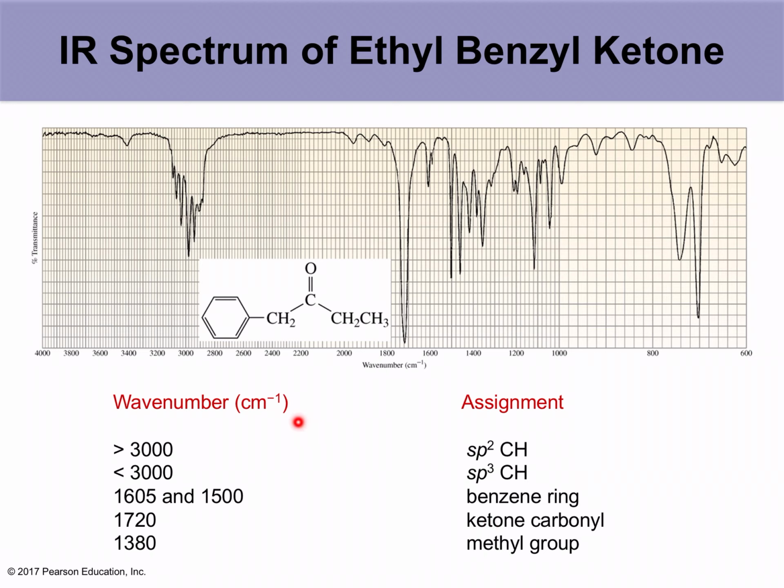Okay, and then you can see we have sp3 carbon-hydrogen stretching as well as sp2 carbon-hydrogen. These are sp2 carbon-hydrogens. Remember, the benzene ring has hydrogens though they're not written, and these are sp3 carbon-hydrogens. So sp2 carbon-hydrogen occurs greater than 3000, sp3 carbon-hydrogen stretching occurs less than 3000.